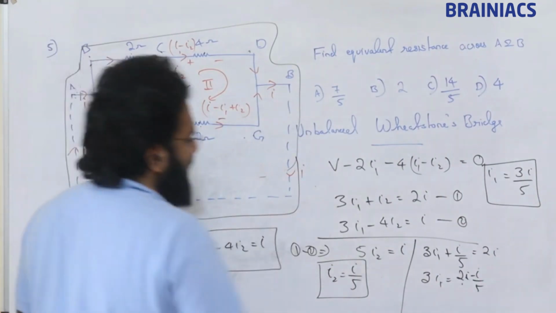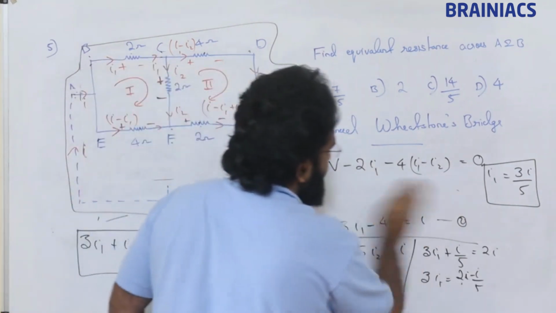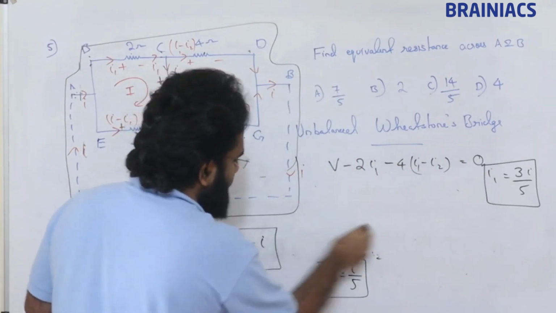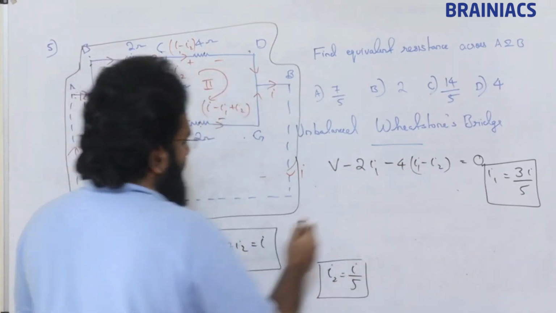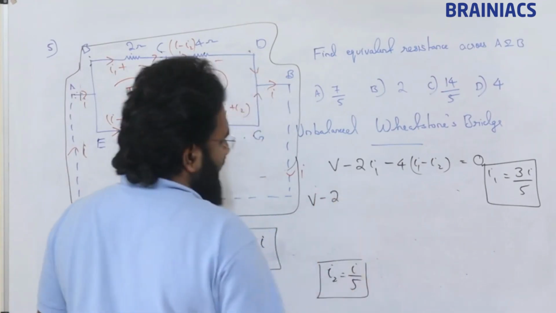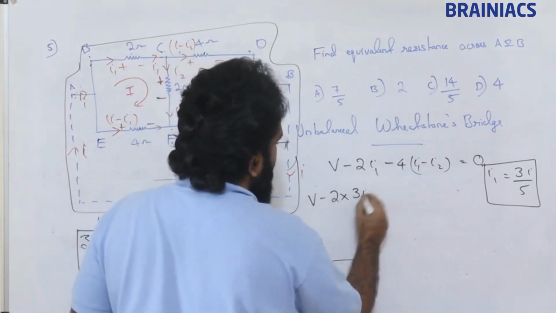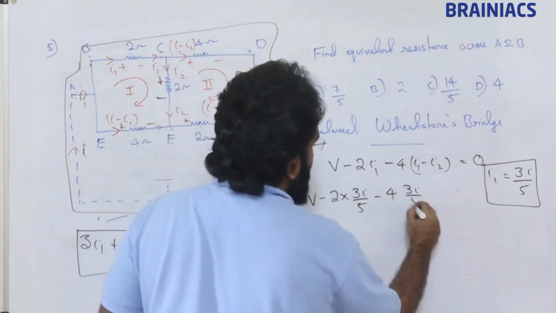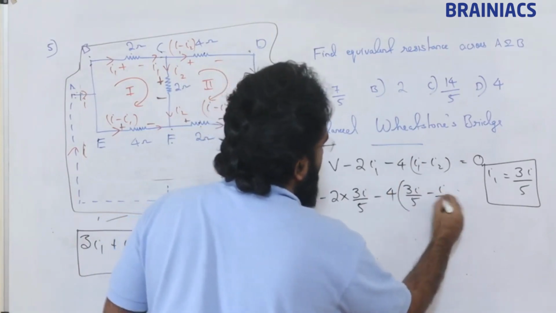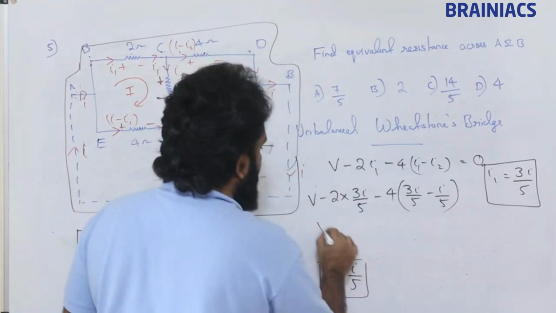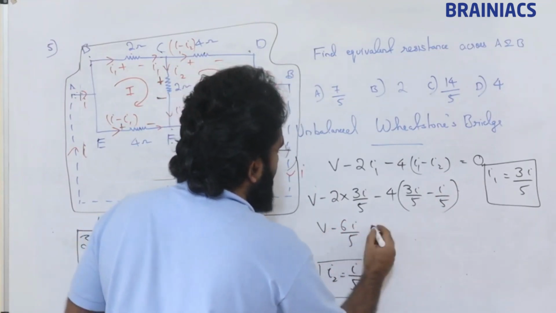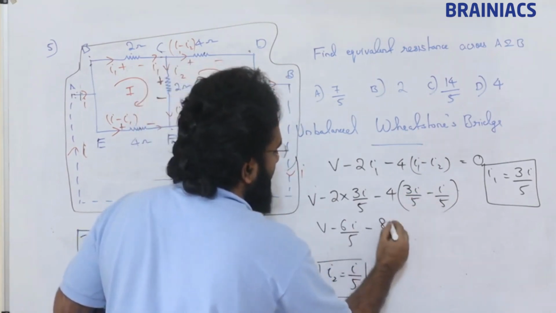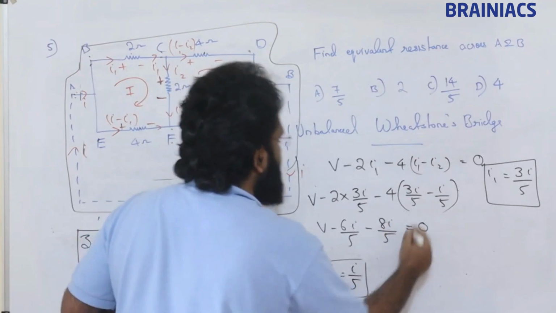Okay, note it down. I am clearing this. So V minus 2I1 minus 4 into I1 minus I2 is equal to 0, where I1 is 3I by 5 and I2 is I by 5. So V minus 6I by 5 minus 4 into 2I by 5, this will become 8I by 5, is equal to 0.